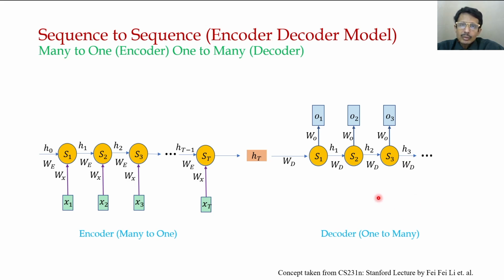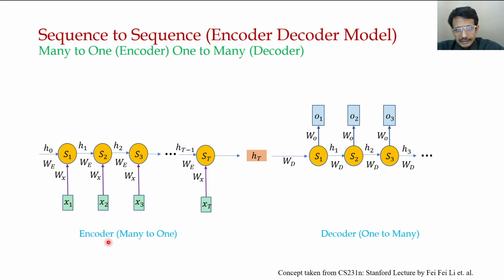In this encoder decoder model there are two parts, and two RNNs are involved: one is the encoder RNN and the other is the decoder RNN. The encoder RNN is essentially a many to one model, and the decoder is a one to many model.